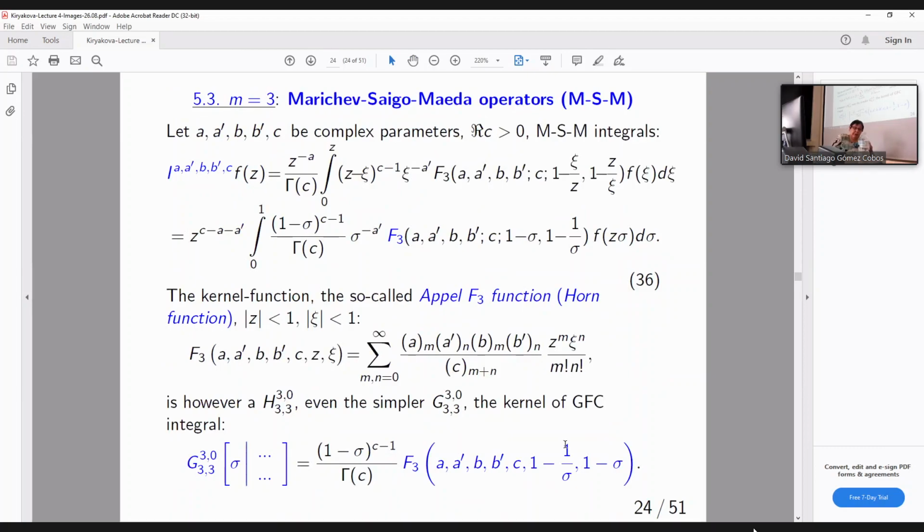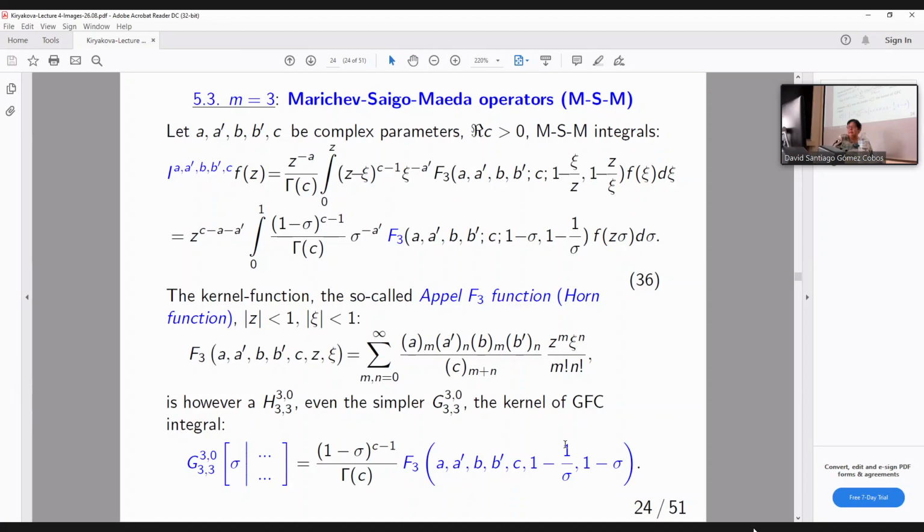Yet the more difficult and complicated case is considered as the so-called Marichev-Saigo-Maeda operators, in titles often now also already abbreviated MSM operators. Marichev introduced such an operator in studying some integral equations. And later Saigo and Maeda considered and introduced this separately as a fractional calculus operator.